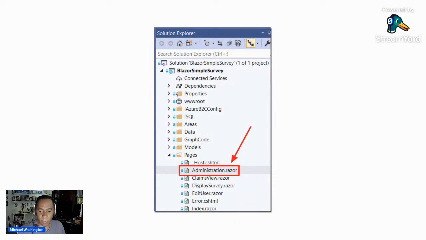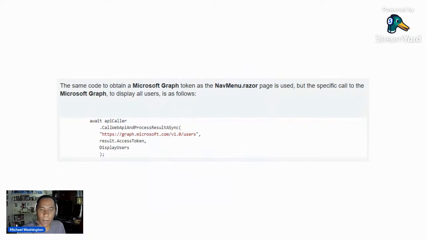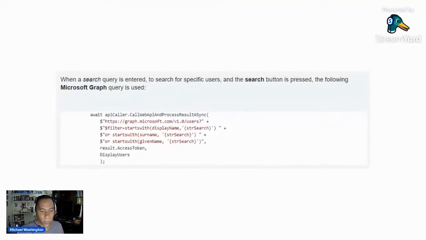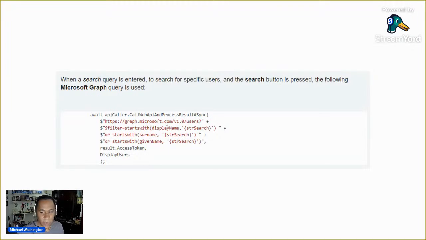So we open up the administration Razor page. Basically, the code looks pretty much like the code I've been showing you before. However, this time the call is just basically saying, give me all the users. I also have another call, which says, okay, give me all the users, however, I have a question mark here, and it says, I only want the users where their display name starts with, or their surname starts with, or their given name starts with.